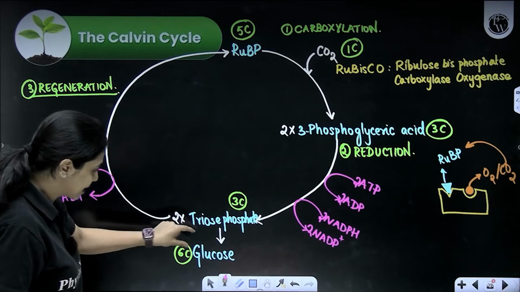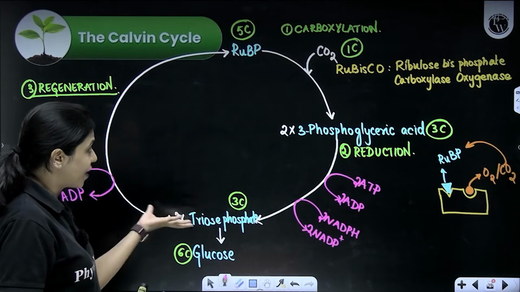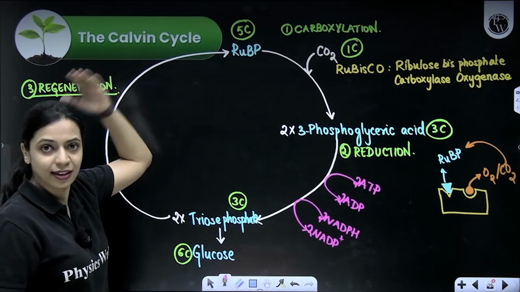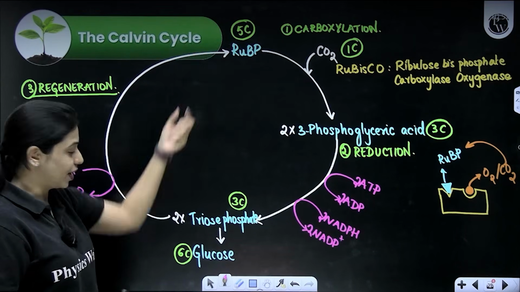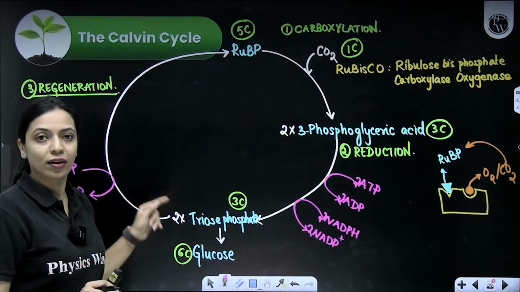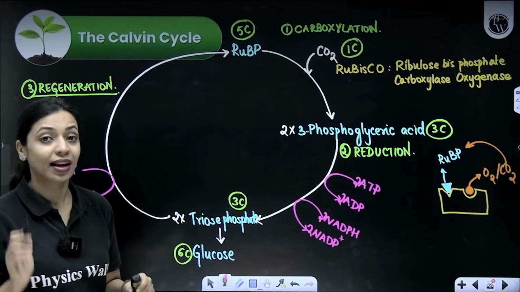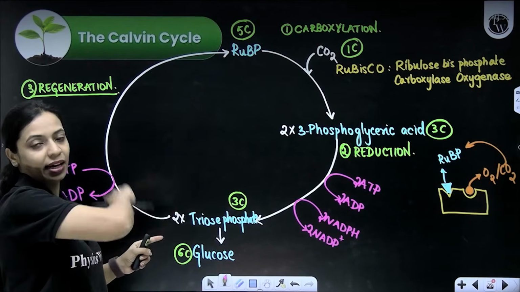Now, of the 6 carbons that we have here, 3, 2 times is 6. Of the 6 carbons, if 5 carbons are utilized in the regeneration of RUBP, then we are left with only 1 carbon. But glucose has 6 carbons. So, in order for the formation of 1 glucose molecule, this Calvin cycle has to proceed 6 times.